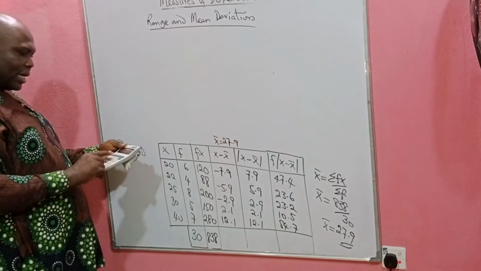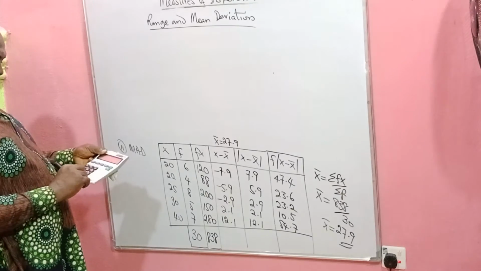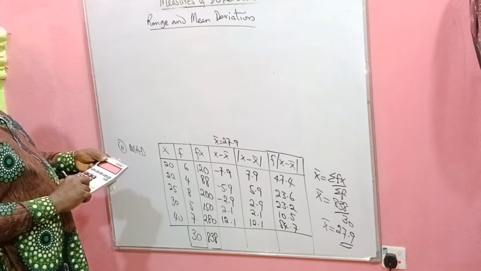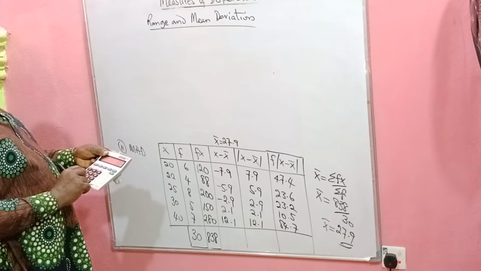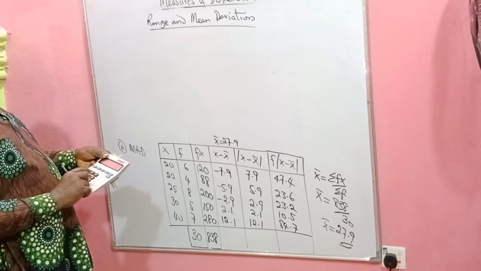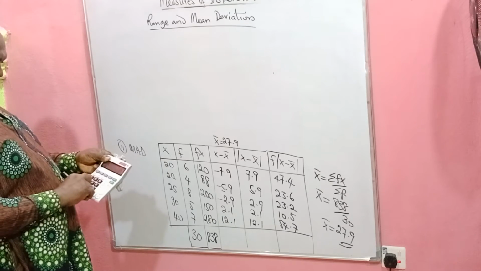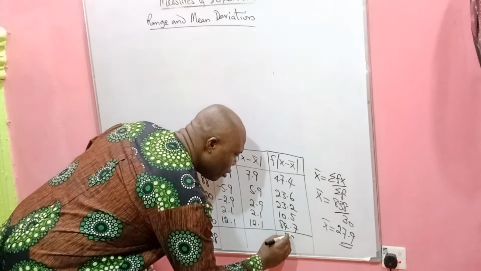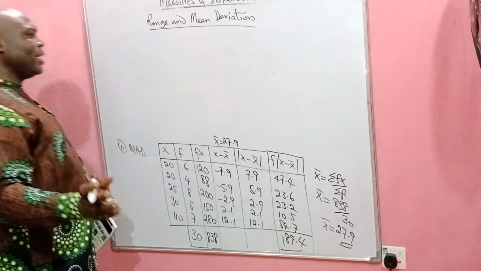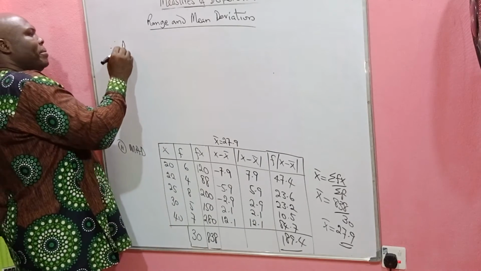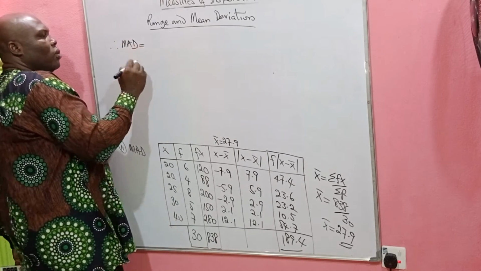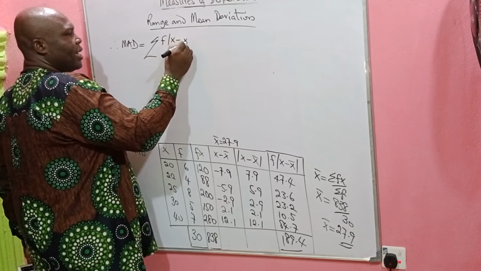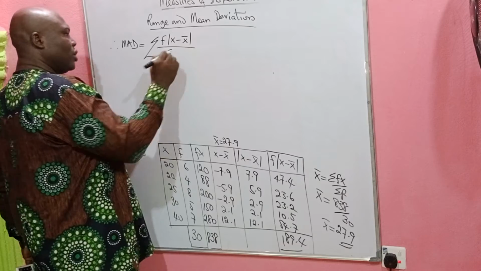So we sum all that: 84.7 plus 10.5 plus 23.2 plus 23.6 plus 47.4. So we have 189.4. With this we can now say our mean absolute deviation is summation f times the absolute value of x minus x bar, all over summation f.